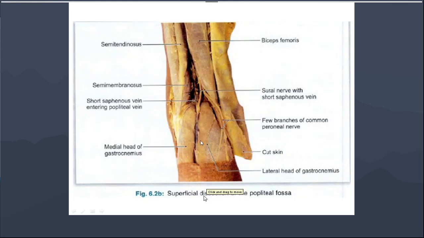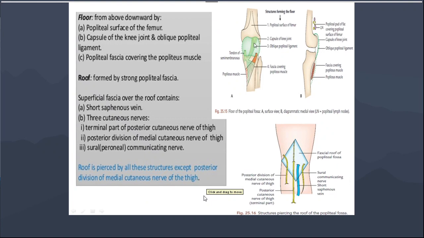Now I told the boundaries, then coming to the floor. The floor of this popliteal fossa is formed by the popliteal surface, the oblique popliteal ligament, and the fascia covering the muscles.